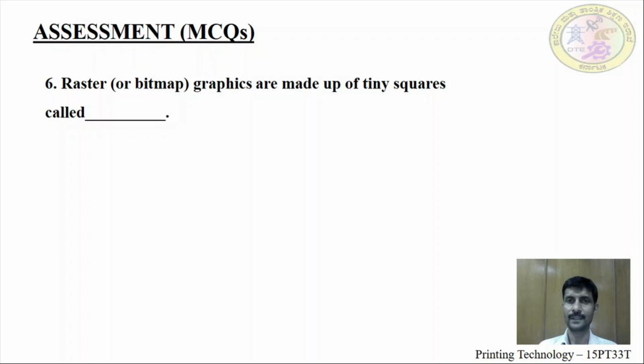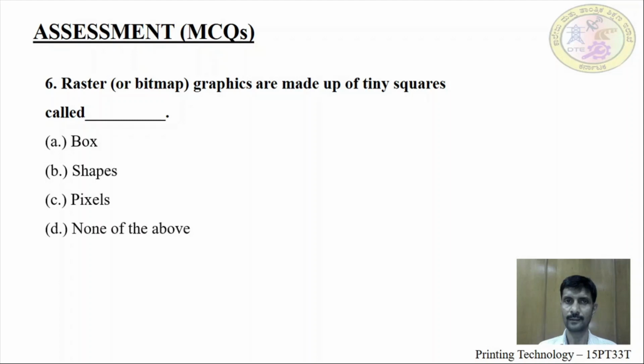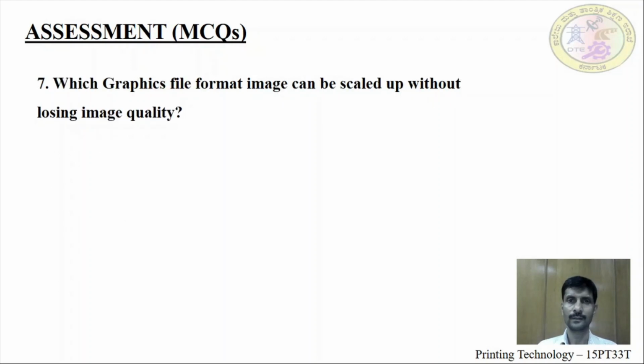Next question. Raster graphics are made up of tiny squares called dash. Within a particular area, they are compressed or accumulated, and depending upon that, the resolution of the image is defined. The options are box, shapes, pixels, or none of the above. Next question.